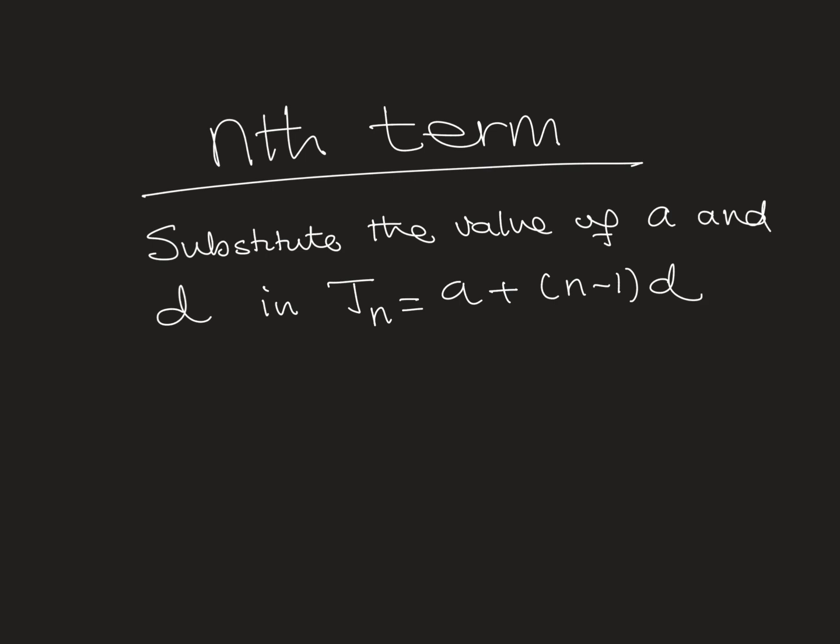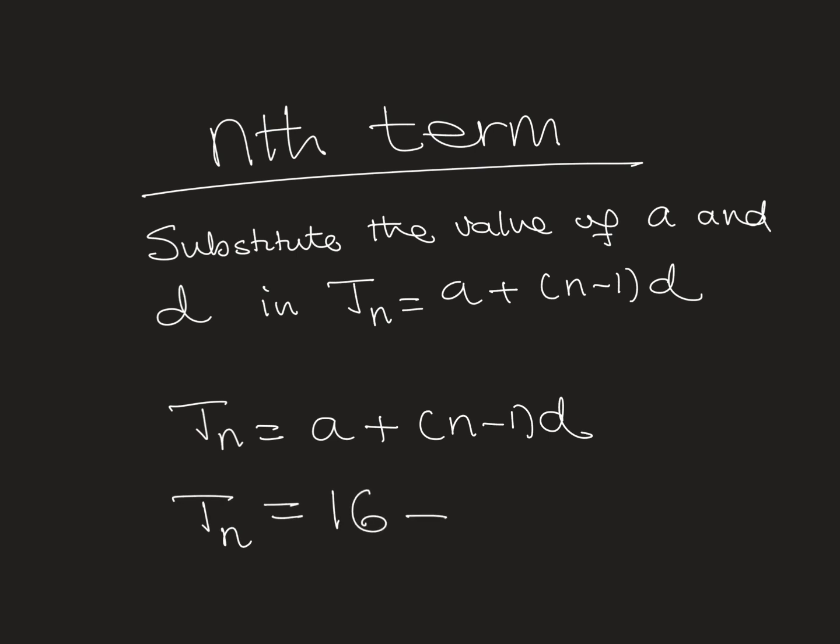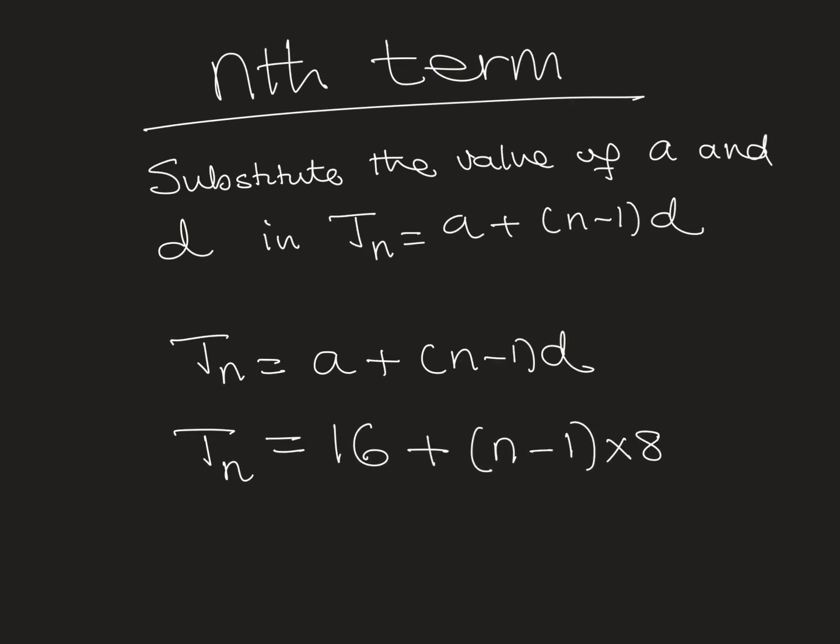So using t sub n is equal to a plus n minus 1 times the difference, if we want to find the nth term, that will just be t n is equal to a, in this sequence, 16, plus n minus 1 times the difference, which is 8.